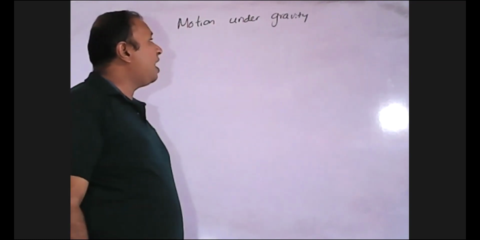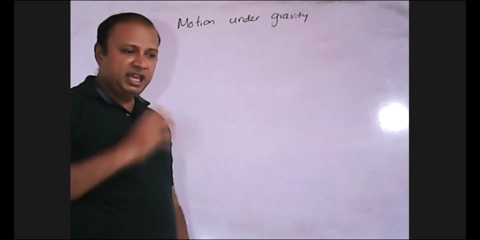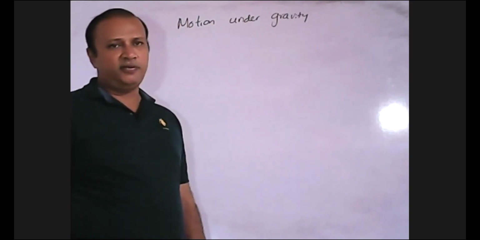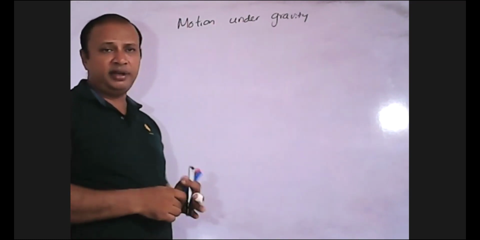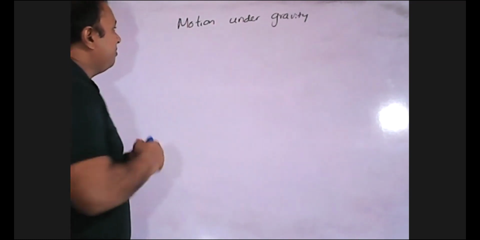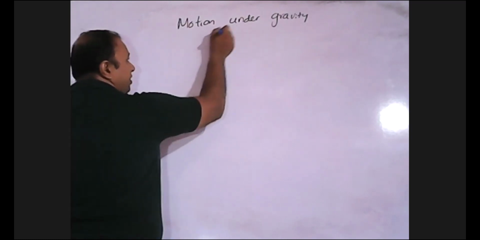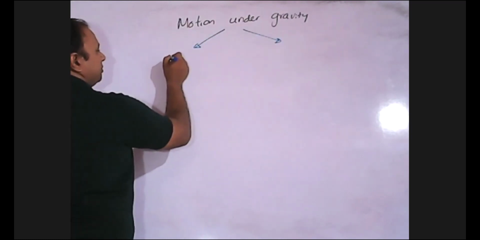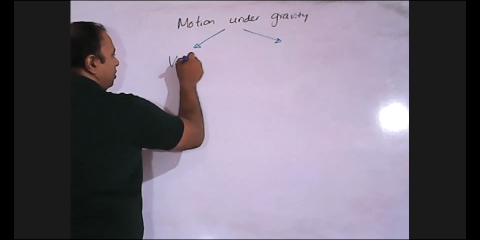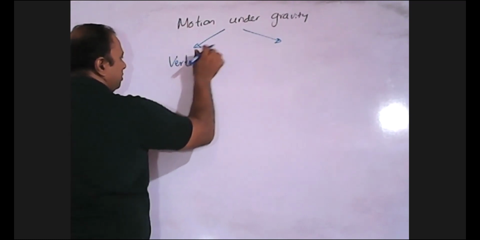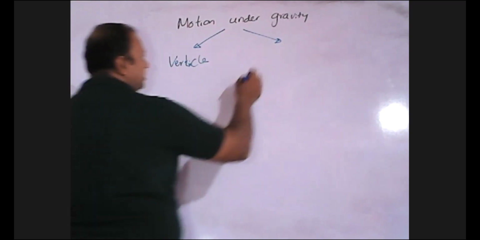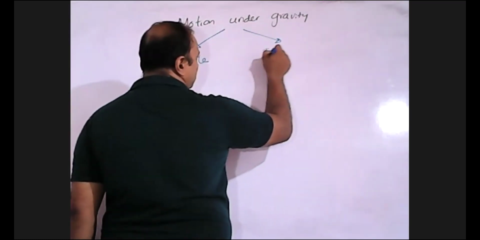So if there is a motion under the gravitational force, we call it motion under gravity. This can be divided into two main categories: vertical motions and inclined motion.